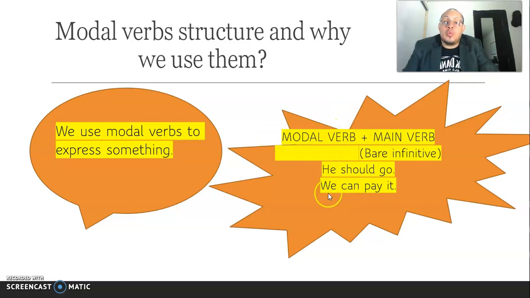We is the subject, can is the modal verb, and pay is the verb in the infinitive. In this case, the first one, he should go, expresses a possibility, and we can pay it expresses a possibility as well. So both express possibility with two different modal verbs.